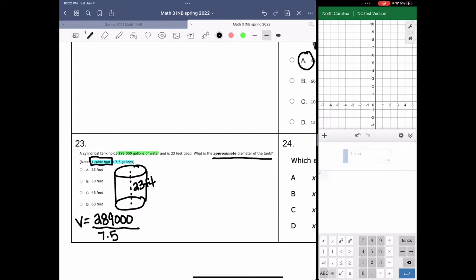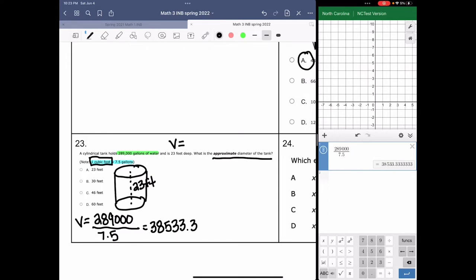And in doing that, that's going to give me the volume. And I need to find the volume so that I can find the diameter. And I can find the diameter by finding the radius. So this is going to be approximately 38,533.3.